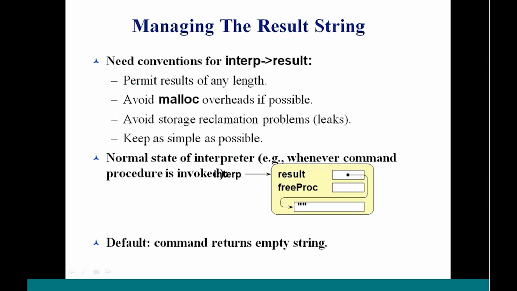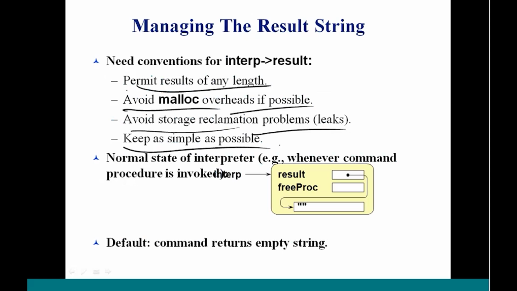So, managing the result string. We need conventions for the interpreter result, or basically how the result is getting returned. One thing is it permits results of any length. Then we have to avoid malloc overheads if possible, avoid storage reclamation problems, and keep it as simple as possible.